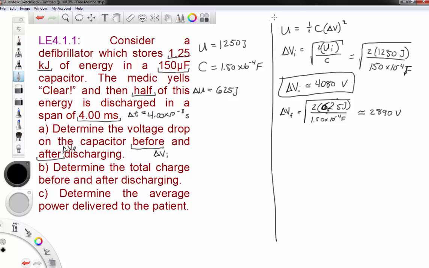Part B asks us to determine what the total charge was before and after discharging.